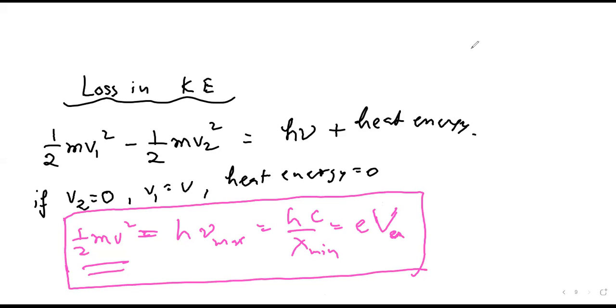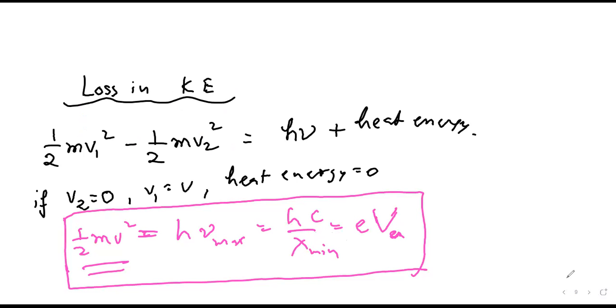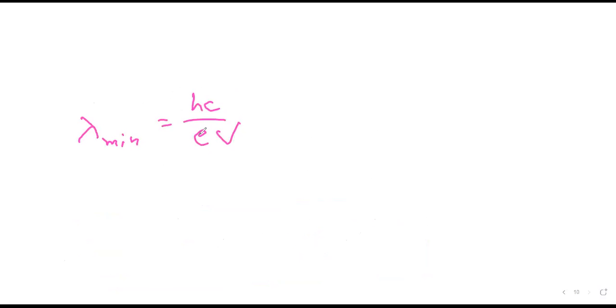So I can write lambda minimum is equal to eV by hc. Just a minute, I think I have made a mistake. It will be hc by eV, because energy is hc by lambda.